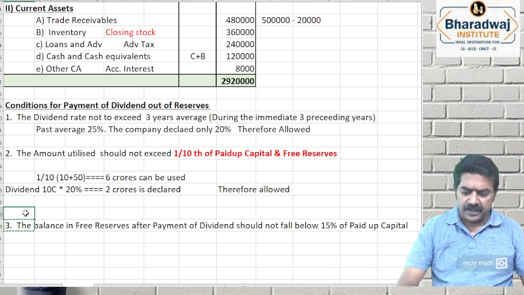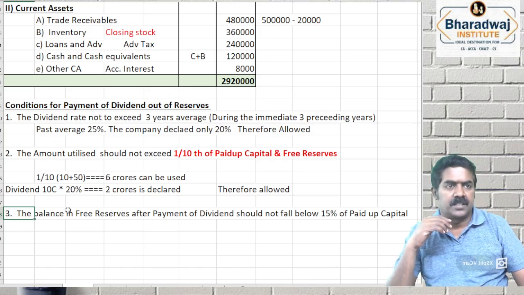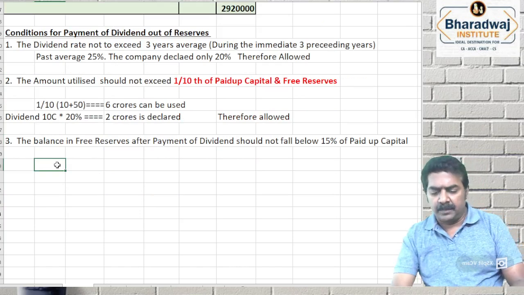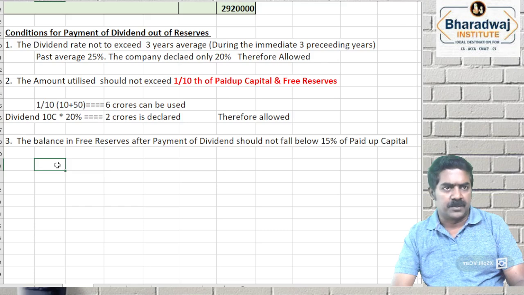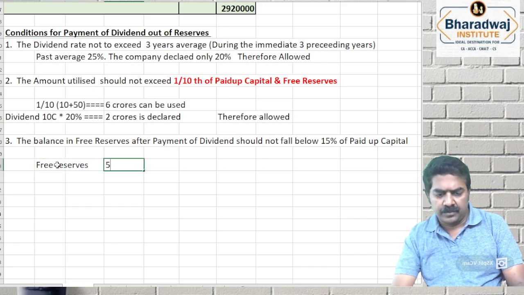The balance in free reserves should not fall below what? 15% of paid up capital and reserves. Okay. What will be the balance in free reserves? 50 crores.